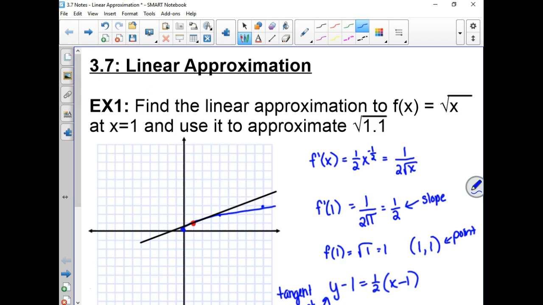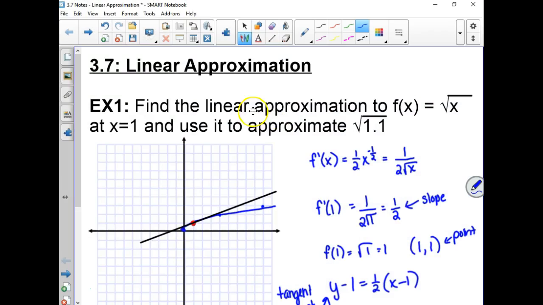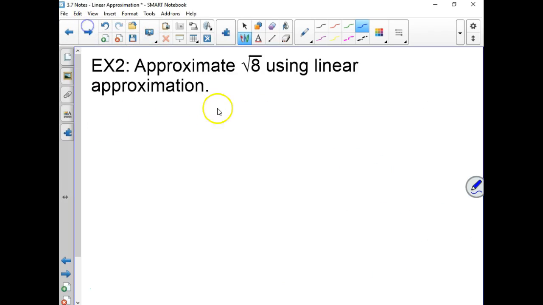So when I have a problem like this, I want to think, what is the closest whole number that would work here? So if I'm approximating the square root of 8, what's the closest thing I could use? I'd use 3, which is the square root of 9, right? I'd use a 9. So my equation here would be f of x equals the square root of x, and I would be using the value x equals 9.